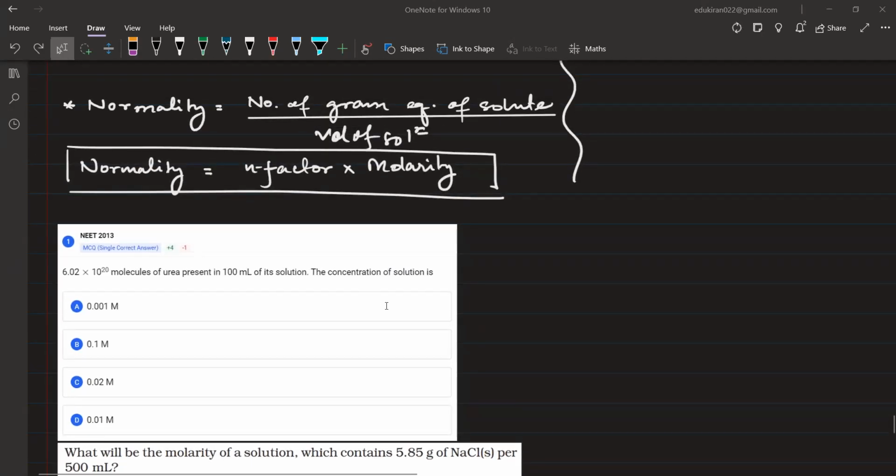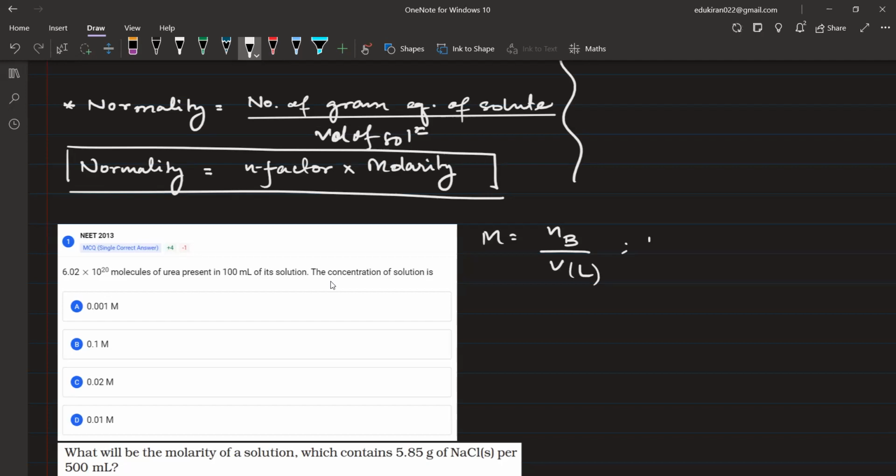6.02 into 10 to the power 20 molecules of urea are present in 100 ml of solution. What is the concentration of the solution? Concentration generally means molarity, and everything is given in molarity here. So molarity will be equal to number of moles of solute divided by volume in liters.